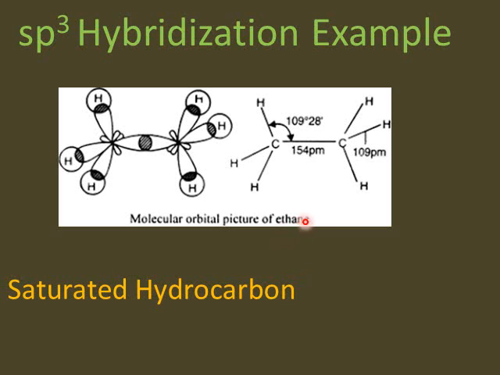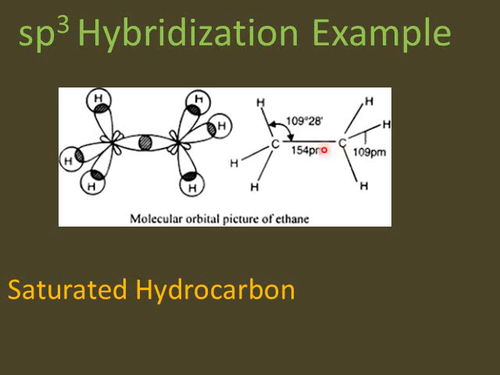In case of ethane, carbon is forming sp3 hybridization. 4 electrons of carbon are involved in bonding and they form sigma bonds. So sp3 hybridization is taking place. A single bond formation, which is a sigma bond between 2 carbon atoms, is taking place.